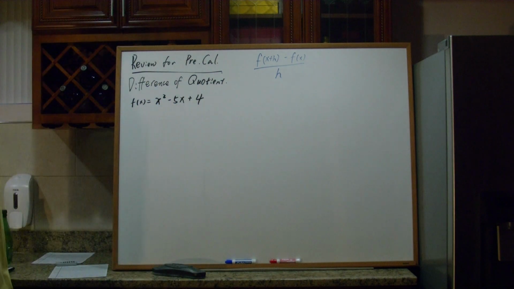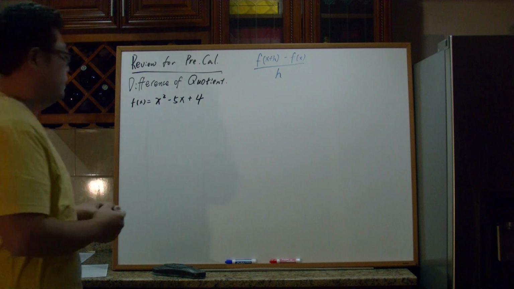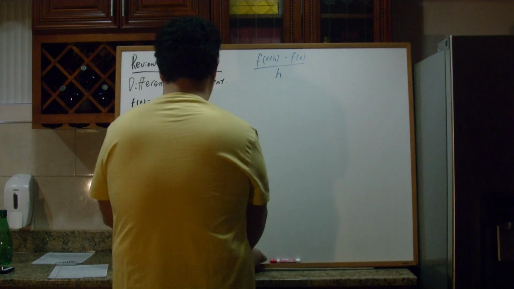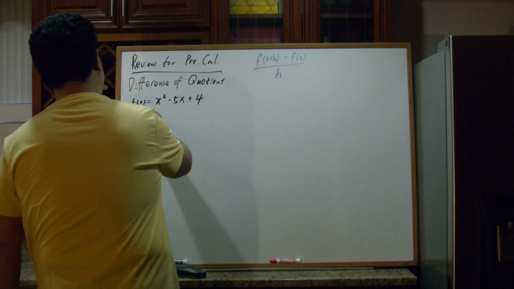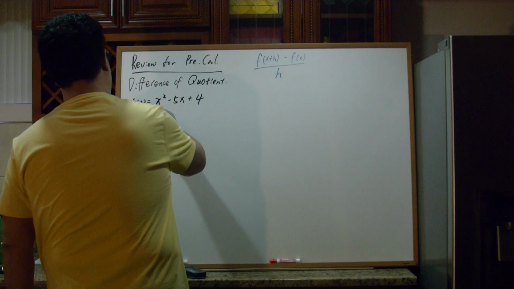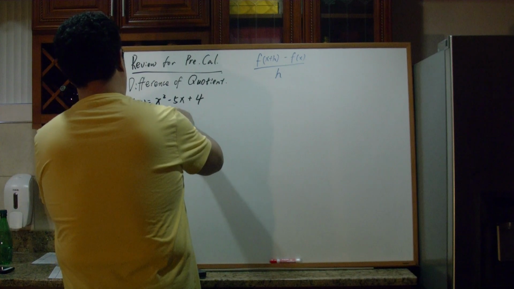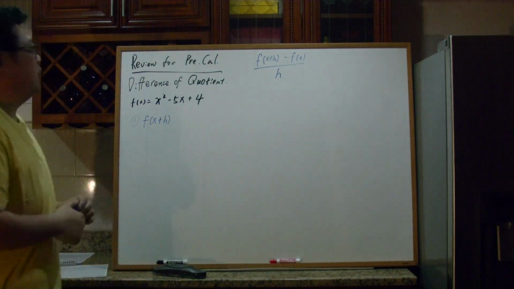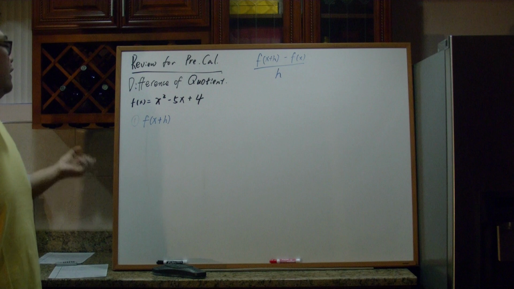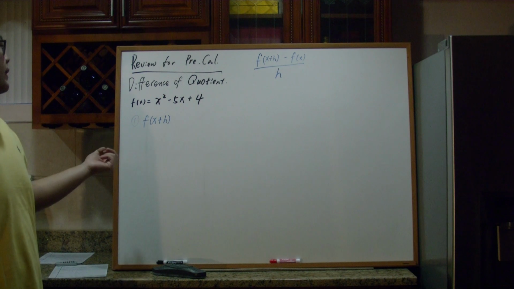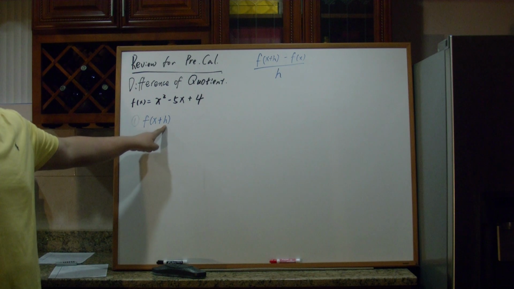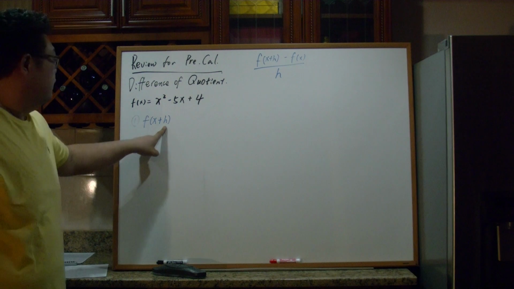For the function x squared minus 5x plus 4, find the difference quotient. There are a couple of steps. The first step is to find f of x plus h. Some people use delta x as the difference of x, but using h is also appropriate.